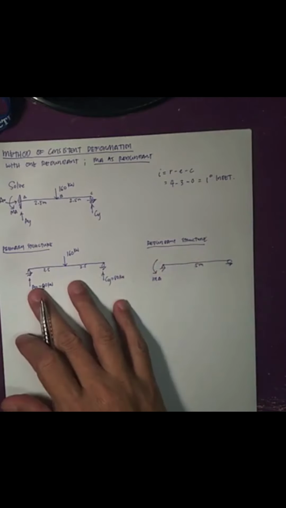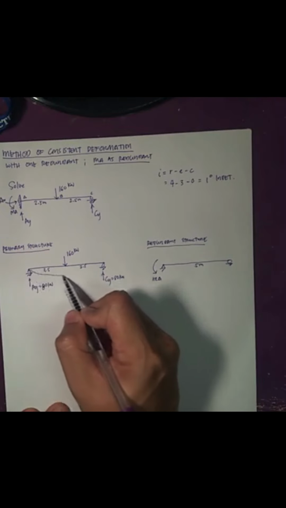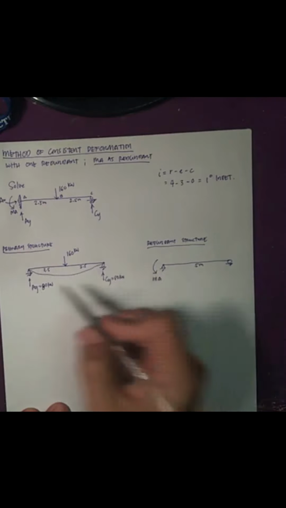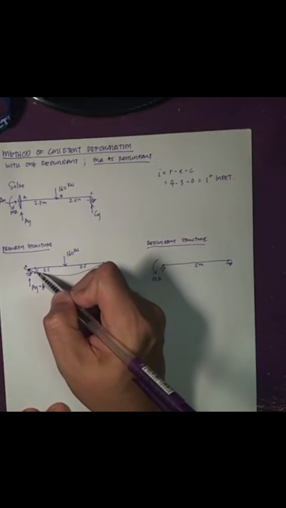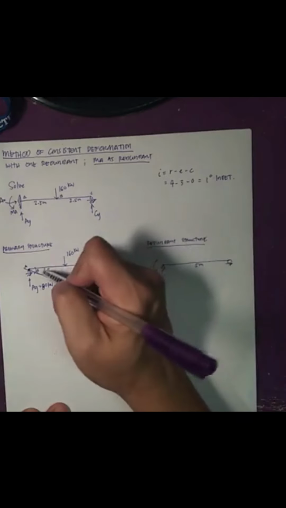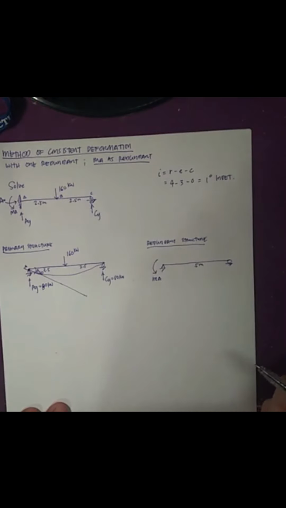Now, due to this concentrated load, the elastic curve of the beam would be something like this. If I draw a tangent line at A, the tangent line would be like this. It will create a slope. Call it theta at A due to the original load, theta AO.